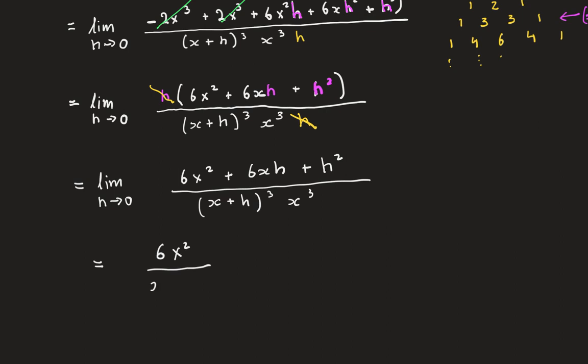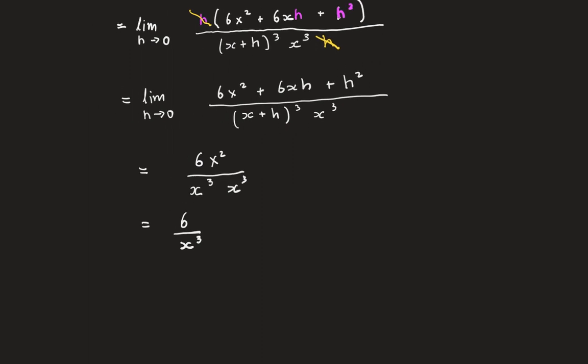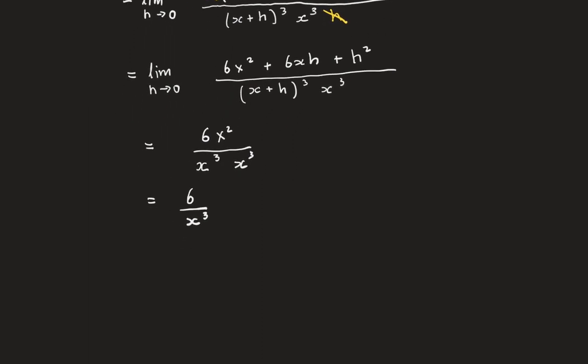And in the denominator, this h here is also 0, so we'll just put x to the power of 3 multiplied by x to the power of 3. That's all we're left with. Now we do need to simplify this one more time, and we are left with a function that is 6 over x cubed.